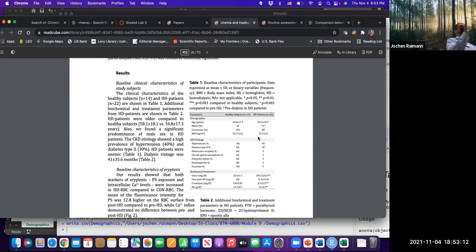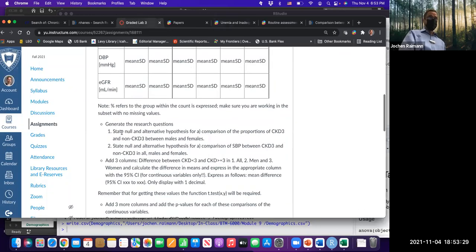And this is what I want you to do with CKD stage 3, CKD earlier stages, stratified, non-stratified. All right, males and females, and a formal comparison. It goes a little further then. So this will keep you on your feet. But after graded lab 3, you're solid in R. If you tackle this, you're solid in R. You know how to run this.